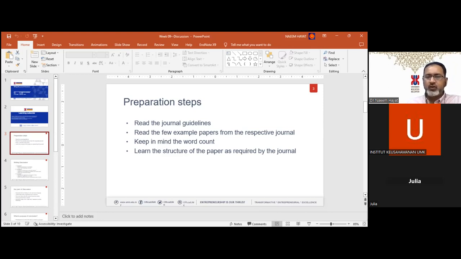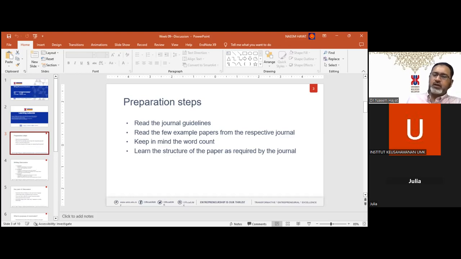Some journals are looking for a standard section structure: the title, abstract, introduction, literature review, method or methodology, data analysis, discussion, and references. Some journals have different sections; for example, in Amplet they have a detailed abstract with 4 or 5 sections, and then the introduction, literature, method, data analysis, and discussion.